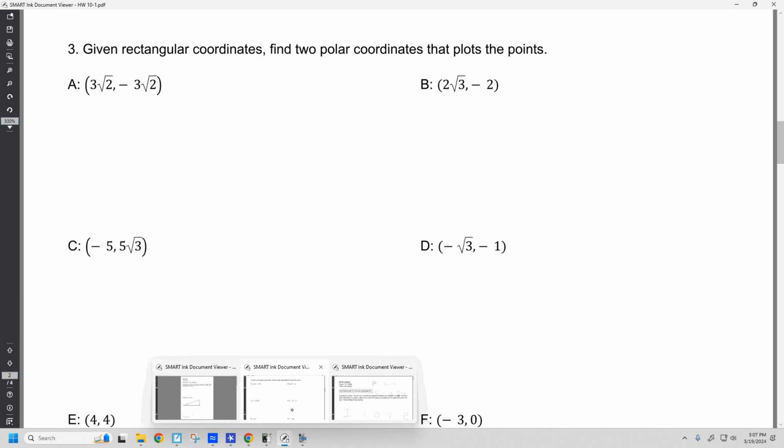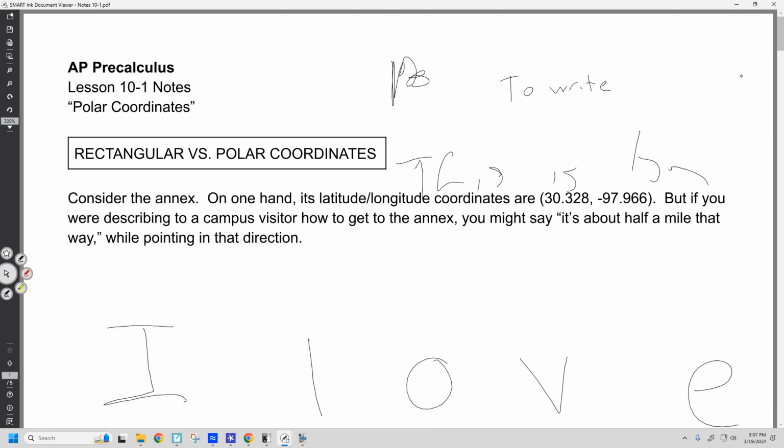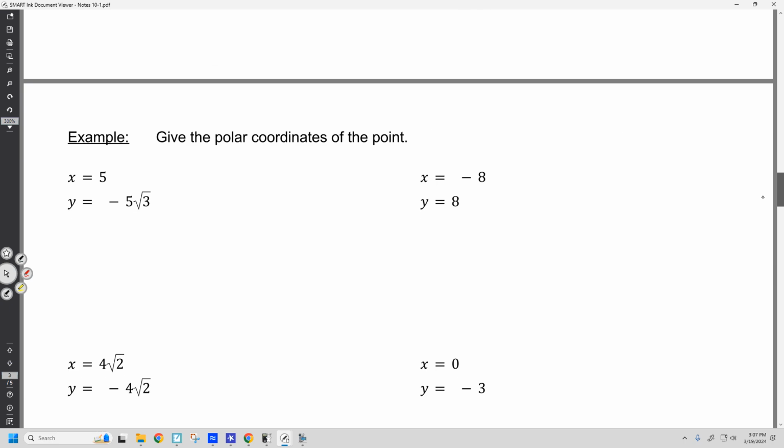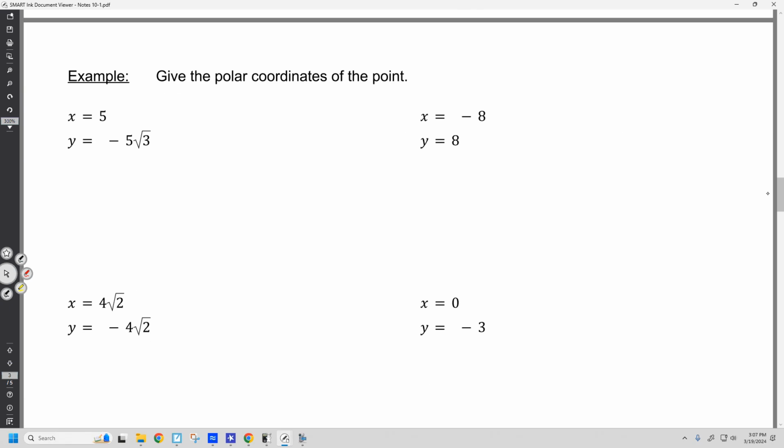It's not really new. This extra page of notes is where we kind of left off last class. Converting rectangular coordinates into polar coordinates, converting polar coordinates into rectangular coordinates.